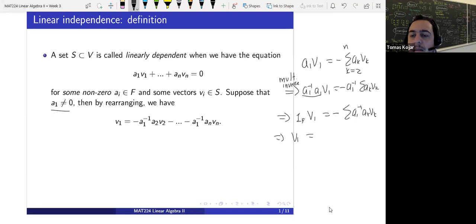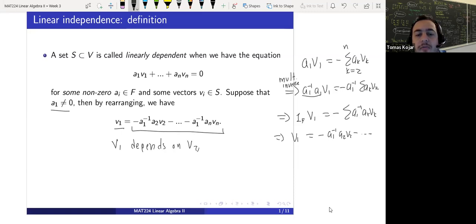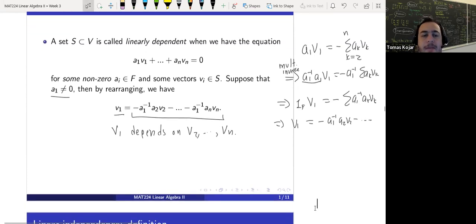So v1 is just this. That means you wrote v1 in terms of the other ones. That's why it's called dependence: v1 depends on v2 to vn. So that's what dependence means.